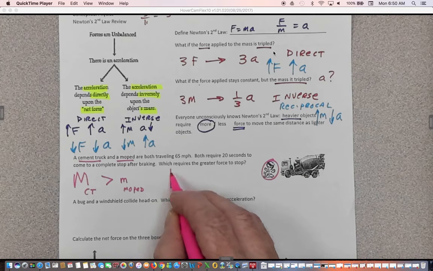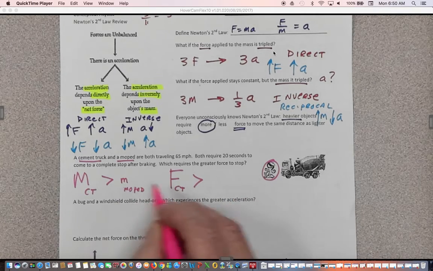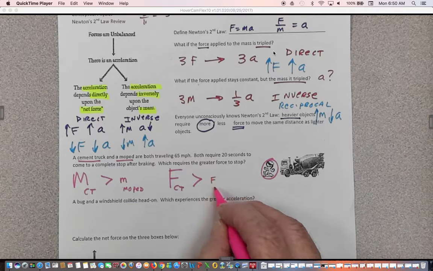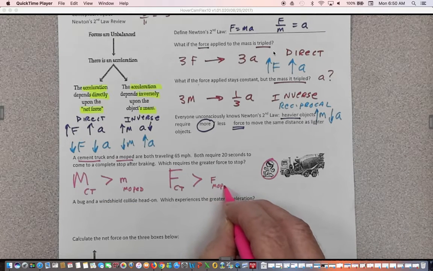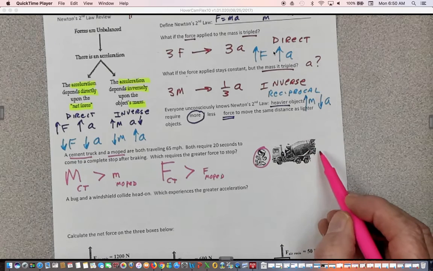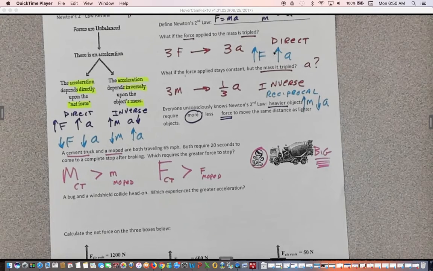Well, the force of the cement truck is going to have to be bigger, since the mass of the cement truck is huge. So you're going to need only a small force to stop the moped. Notice I've physically drawn the m's different sizes and the forces. So this cement truck is going to require a big force. There you go.